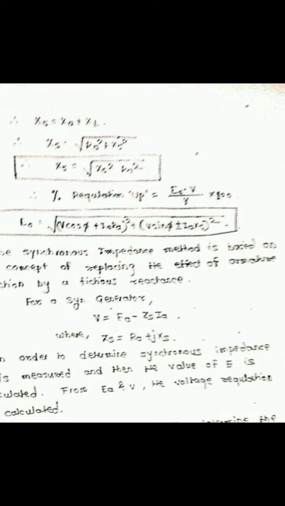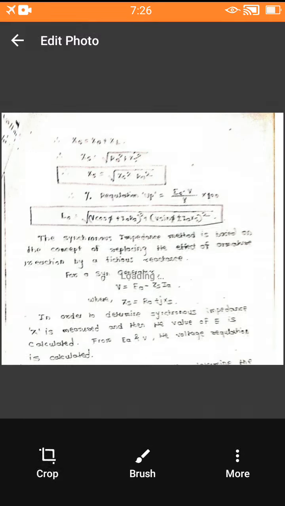For calculating E0 we have different values of the calculation or different phasor diagrams. For calculation of E0, the formula is square root of (V cos phi plus IaRa) bracket square plus (V sin phi plus or minus IaXs) bracket square.